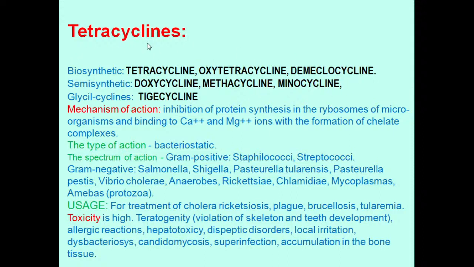The mechanism of action of all of them is associated with inhibition of protein synthesis in ribosomes of microorganisms, and also binding to calcium and magnesium ions with the formation of chelate complexes. That's why these agents can accumulate in bones and teeth. Type of action: bacteriostatic. Spectrum of action is wide.